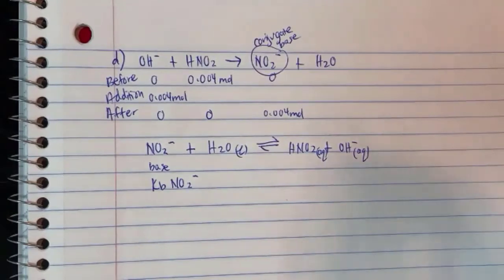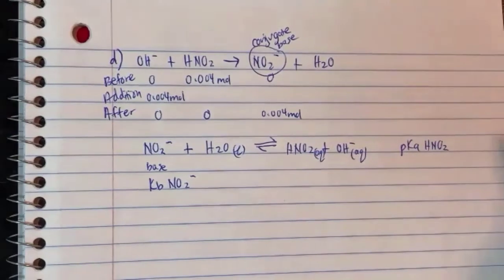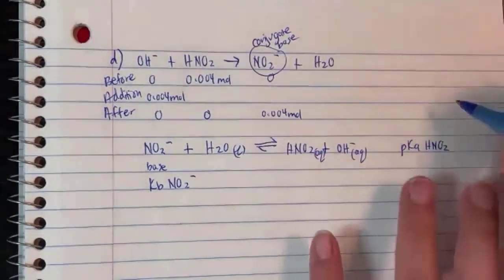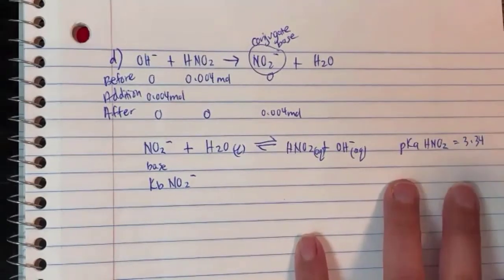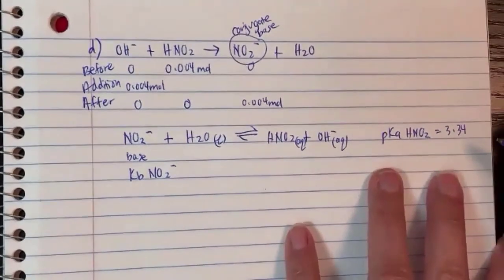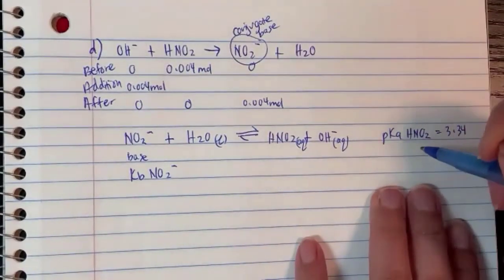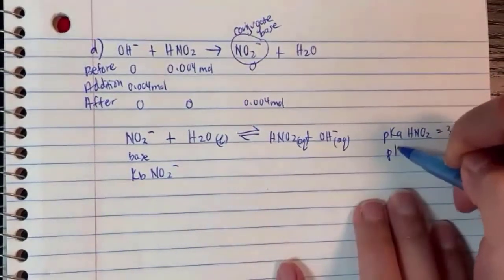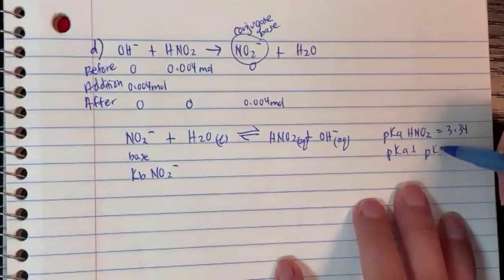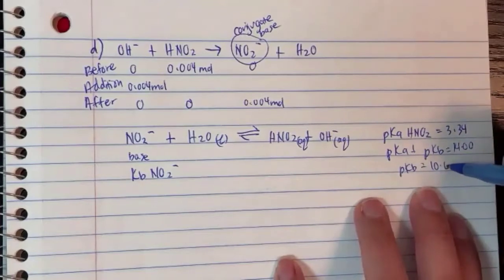You know what they gave you? They gave you pKa of HNO2. What was it? It was 3.34. So here's the shortcut. If you know the pKa of HNO2, pKa plus pKb of the counterpart equals 14. So I'll write it out. pKa plus pKb equals 14. So pKb is 10.66.